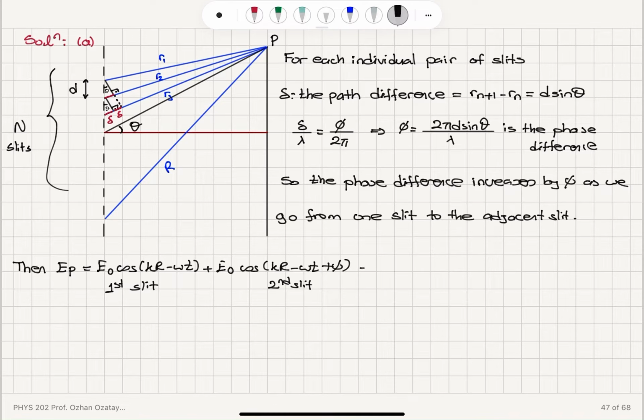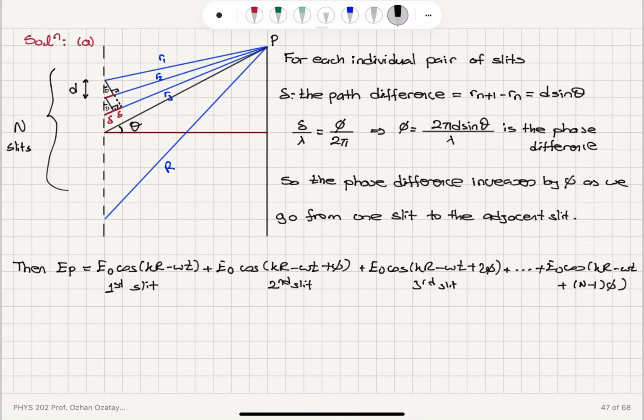And the third slit, E0 cosine(kr minus omega t plus 2 phi), etc., all the way up to E0 cosine(kr minus omega t plus capital N minus 1 phi).